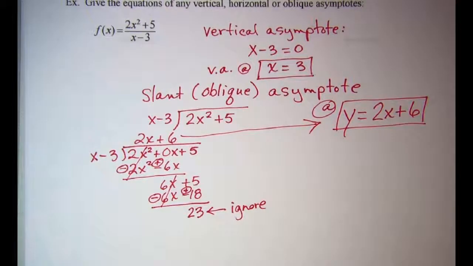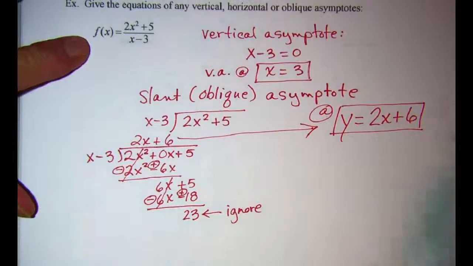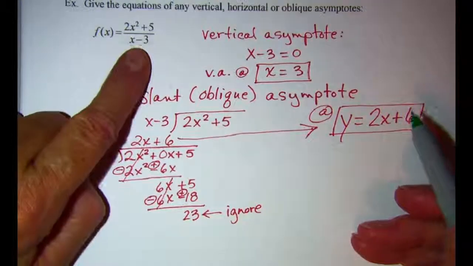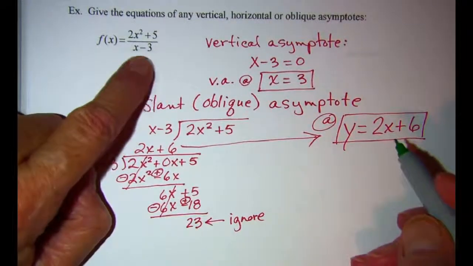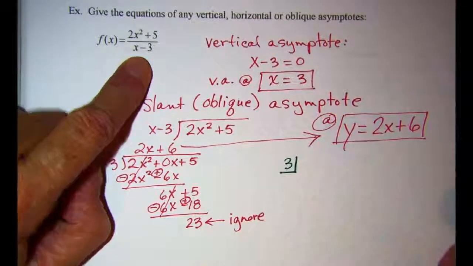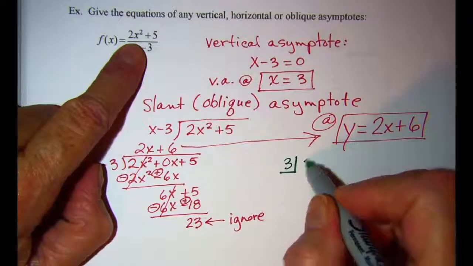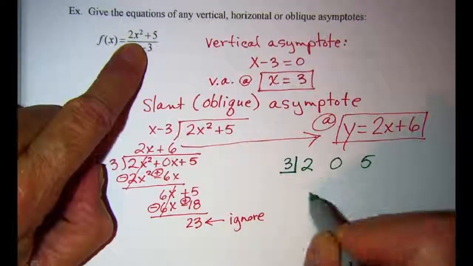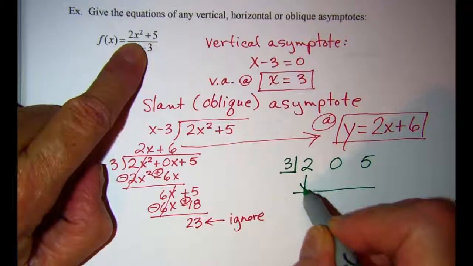Now if we were going to do this with synthetic division, let me show you that we get the same thing. Remember with synthetic division, we change this sign, put that positive 3 in the little box, and then our coefficients, we have a 2 and then 0, 5. Bring down our first term.